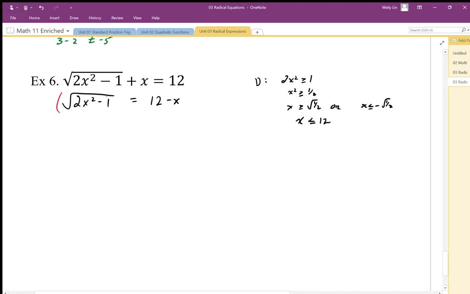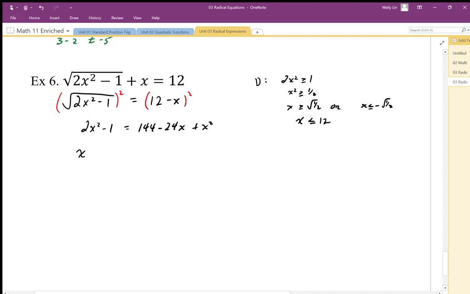Okay, so I'm going to square both sides. So I end up with 2x² − 1 equals 144 − 24x + x².